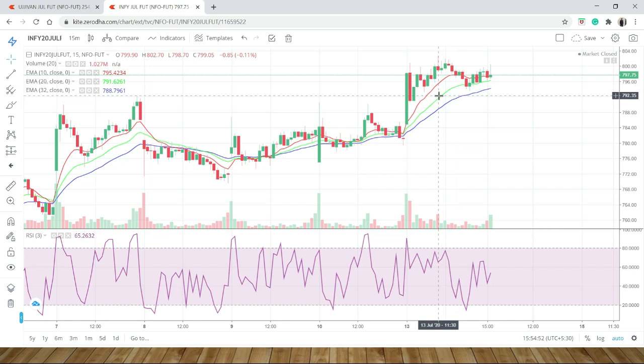So whenever my RSI touches 20, I take a buy trade. As you can see, the RSI over here at around 1:20, the RSI touched 20, 17 is there, 17. So at this candle I took a buy trade, and the buy trade is activated around 794.